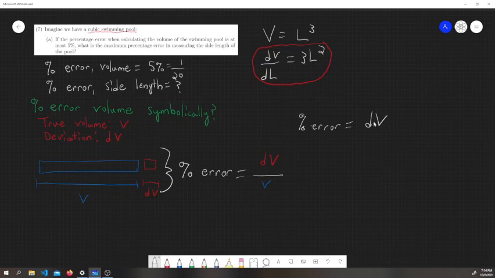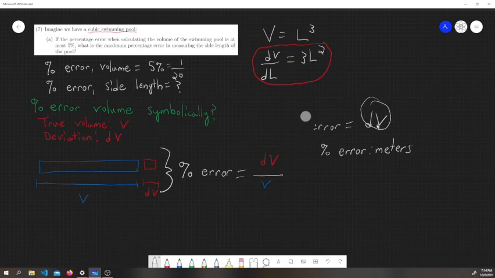So it wouldn't make sense for this percent error equation to have units of meters or feet or whatever units of distance we're using. So it can't be dV. It has to be unitless, so we have to divide by this V.